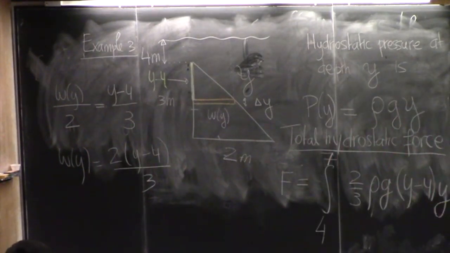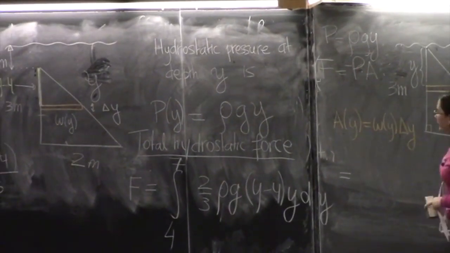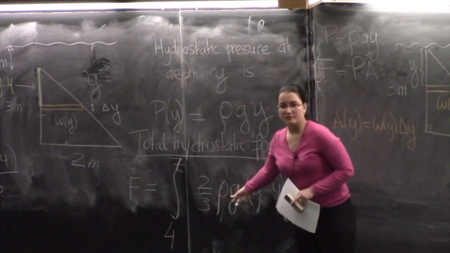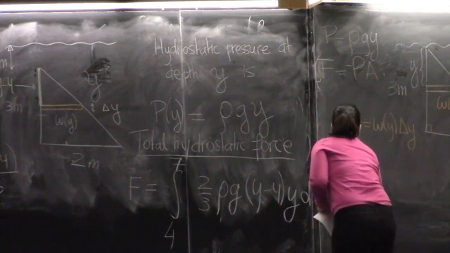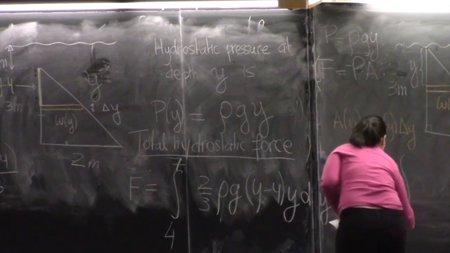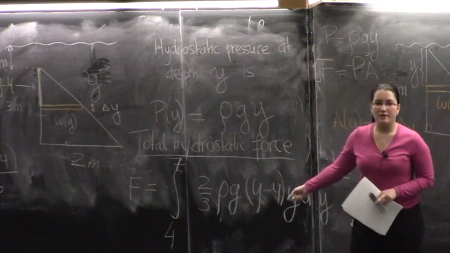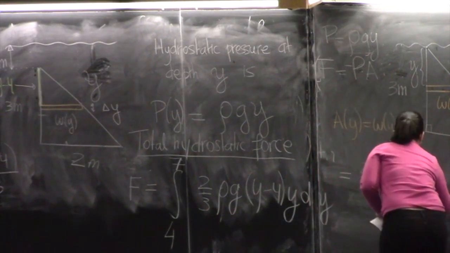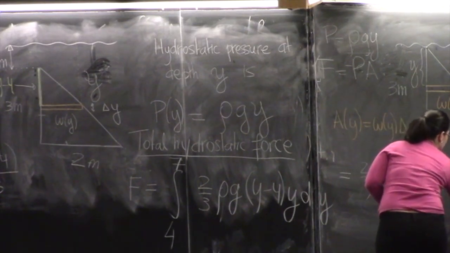Okay, so now again we've got an integral which is not more complicated than the previous one. 2 over 3 times rho times g is a constant that can be factored outside. So 2 over 3 rho g times our integral from 4 to 7 of this function right here, which is (y minus 4) times y, and to integrate it, I need to change it into y squared minus 4y dy.